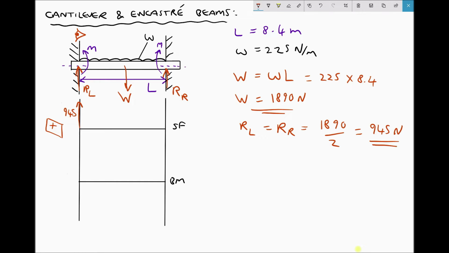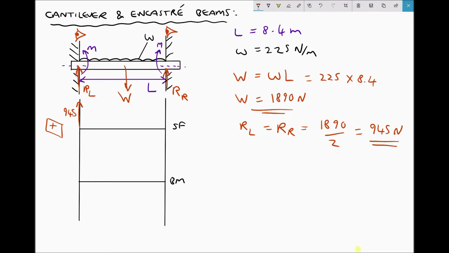Now, between the left-hand support and the right-hand support, as I move left to right, I'm going to see more and more of the UDL. But it isn't until I get to the right-hand support, here on our diagram at the top, that I can see all of the UDL, all 8.4 metres. So between the left-hand support and the right-hand support, there's going to be an additional shearing force equal to the weight of the beam.